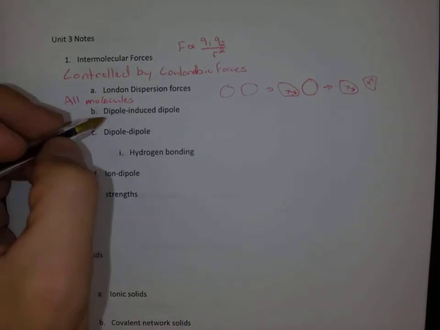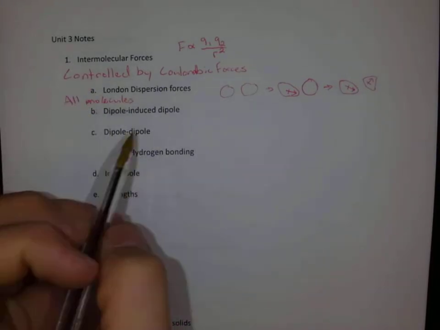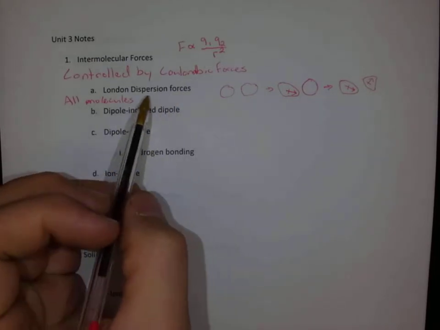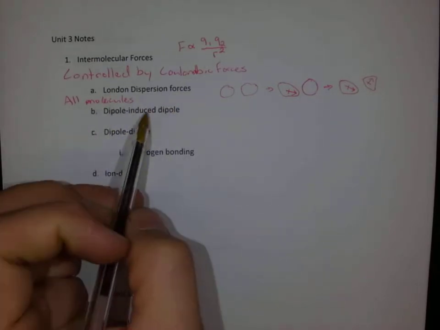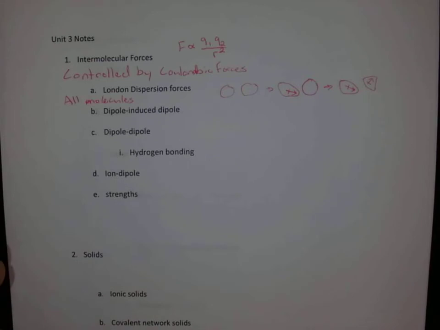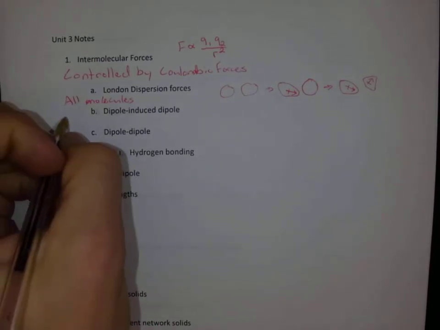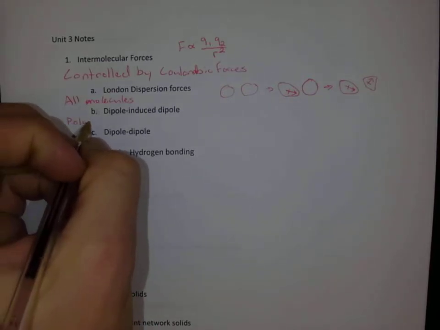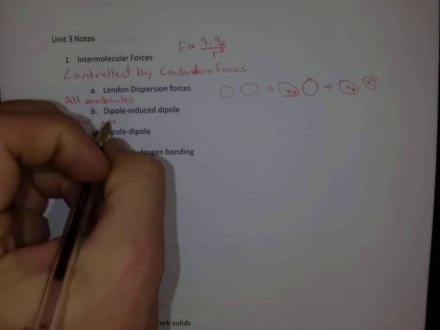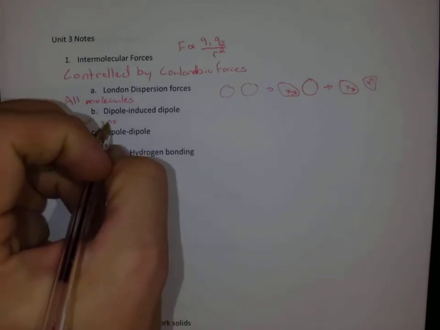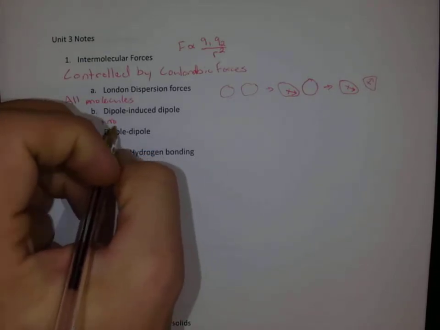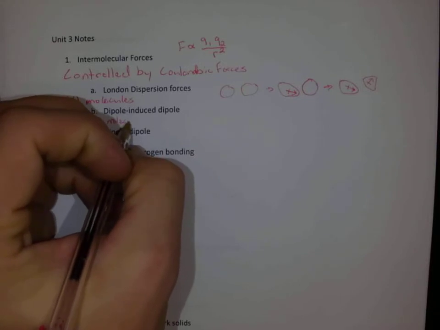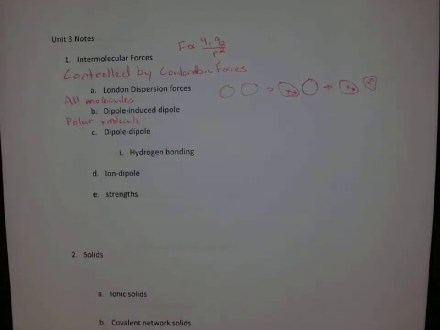So London dispersion forces, this is what's known as induced dipole, right? Now we have dipole-induced dipole. So this would be when we have a polar molecule and a nonpolar molecule, right? A polar molecule interacts with another molecule, and it causes a change in its electron configuration, or a change in its electron cloud.